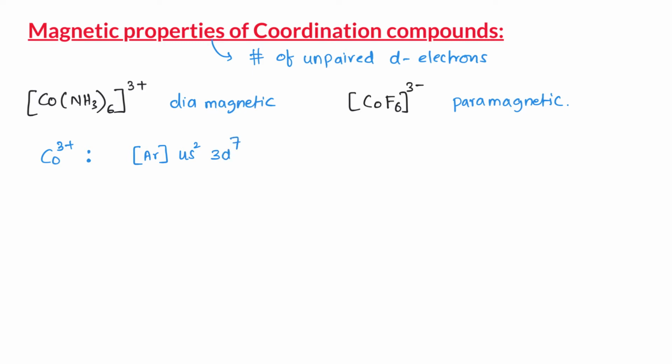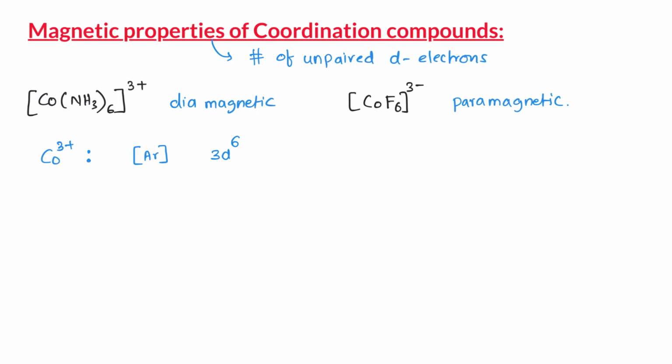And to form cobalt 3 plus, the cobalt atom has to lose 3 electrons. The first 2 electrons come out of 4s orbital and the remaining electron comes out of 3d orbital. Therefore, the electronic configuration of cobalt 3 plus ion is argon 3d6.